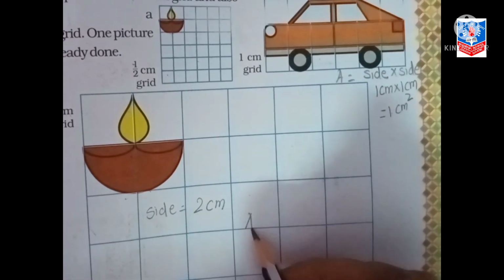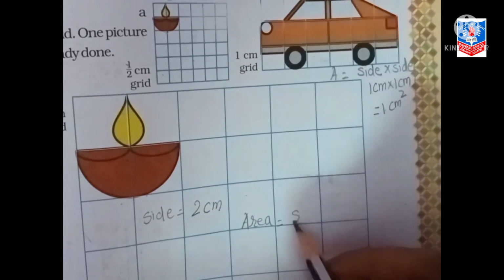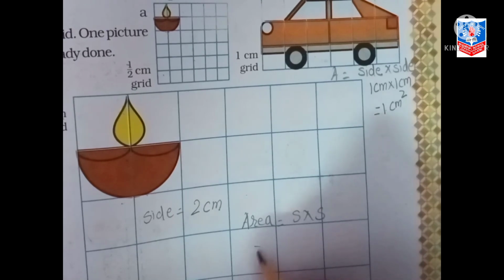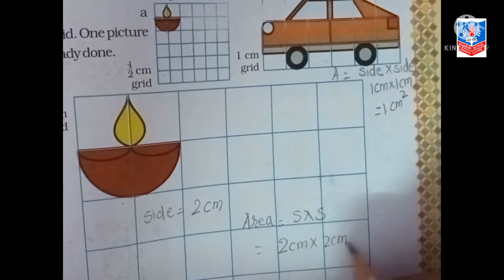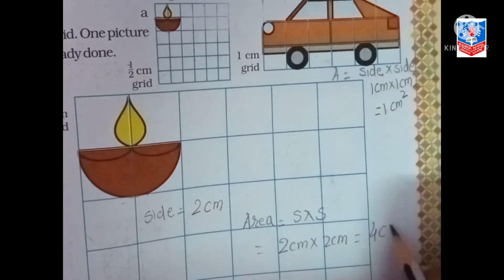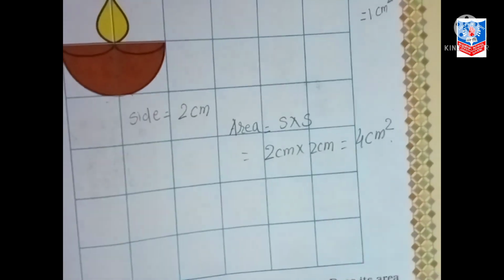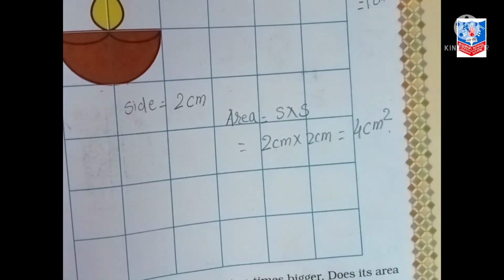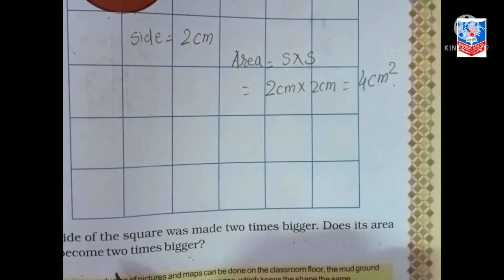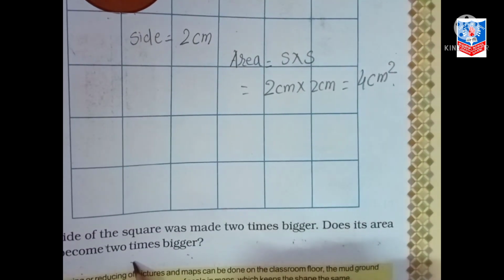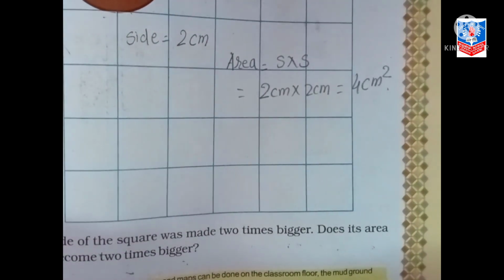Then area is equal to side into side, that is 2 centimeter into 2 centimeter, that is 4 centimeter square. That means when the side of the square is made 2 times bigger, then its area becomes 4 times bigger than its original area. Understood?